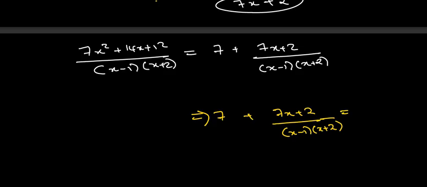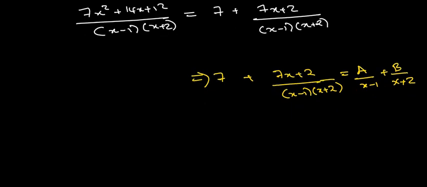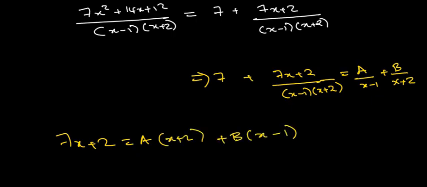The 7x plus 2 will be A times x plus 2, plus B times x minus 1. So you can try to pause the video and try to get the A and the B. We'll see if we get the same numbers.